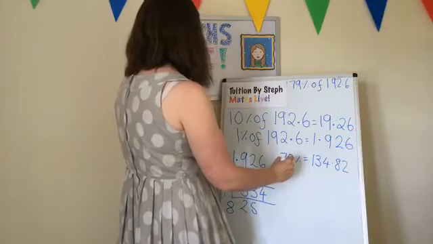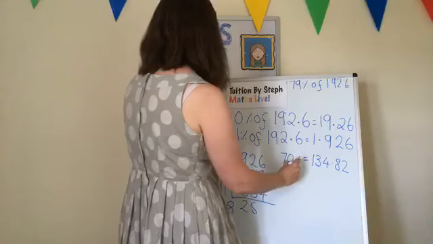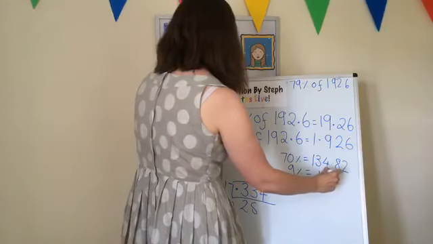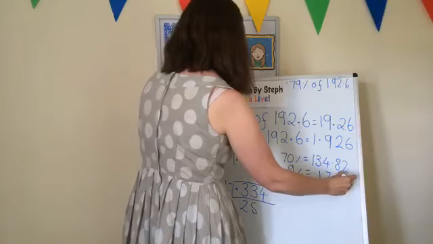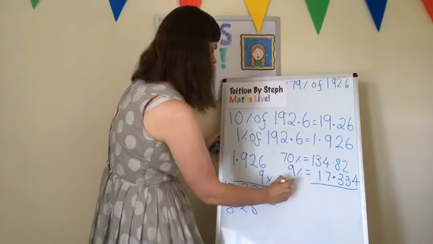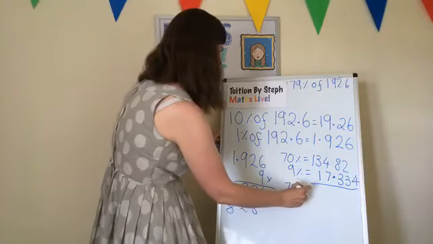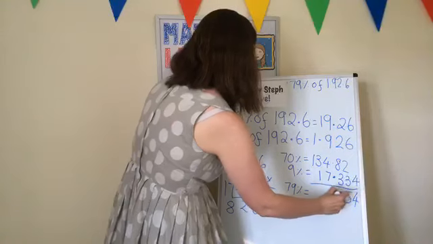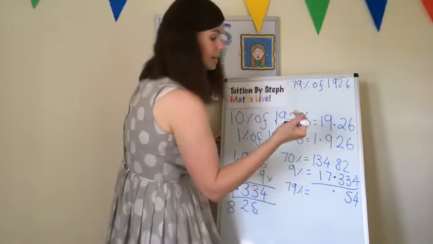So that means that 9% is 17.334. So if I add this together to make 79%, that is 4, 5, 8, 9, 10, 11.